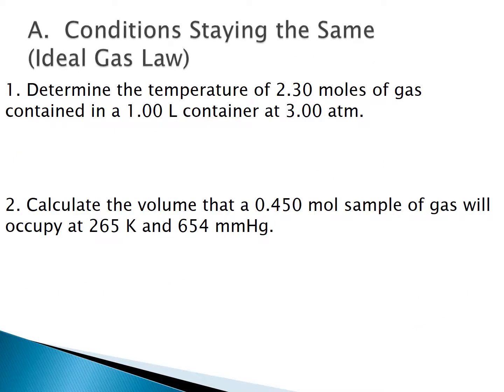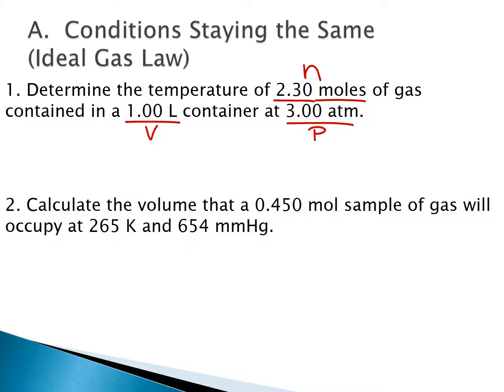All right, so let's use the ideal gas law. The first problem says determine the temperature of 2.3 moles of gas. When you see 2.3 moles, write the letter n over it, because you know that the n part of the equation is represented by that 2.3 moles. And that gas is contained in a 1 liter container. 1 liter is a volume, at 3.00 atmospheres, which is pressure.